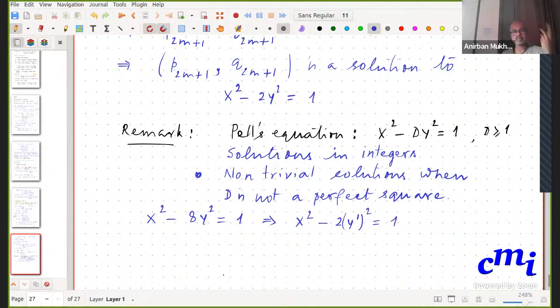Therefore, it is enough to solve for square free Ds.